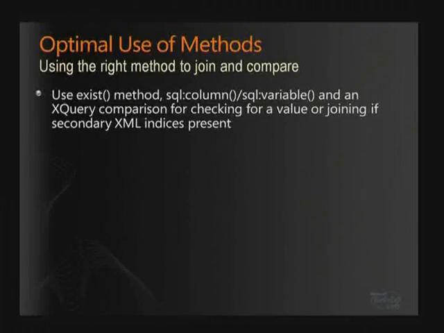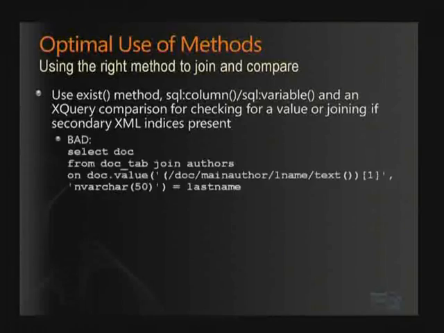Now, if you're using the exist method for doing it in one case, then you use the SQL column or SQL variable. That is normally more efficient if you have a secondary XML index present. If you don't have a secondary XML index present, then using the value method to extract the value into the comparison relationally might be more efficient. That's a case where you have to do some experiments with the data that you have at hand.